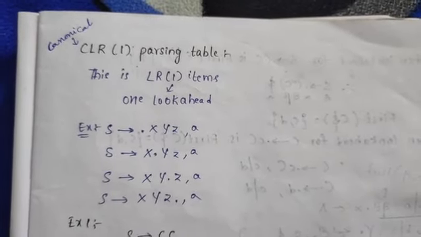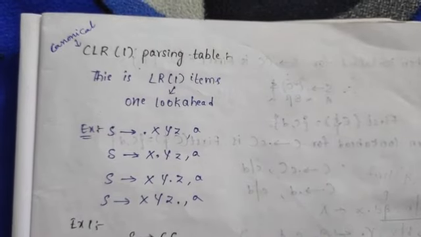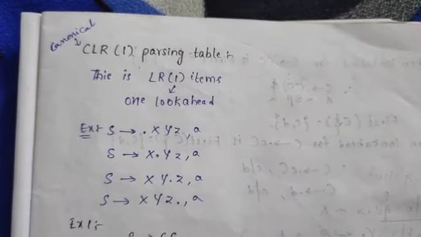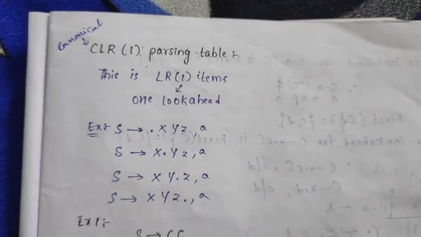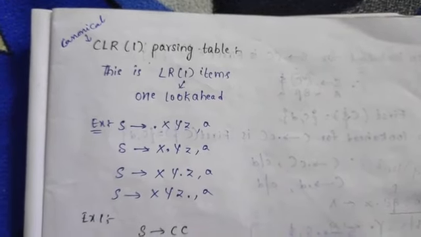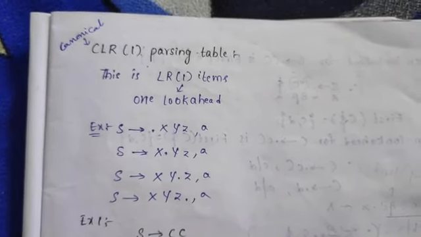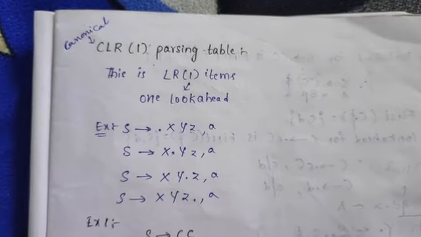Again I'll take one input and check whether the given input string will be accepted by the given grammar or not. Same process, but the procedure will be a little different compared to the first one. Here in SLR we are taking 0 lookaheads.